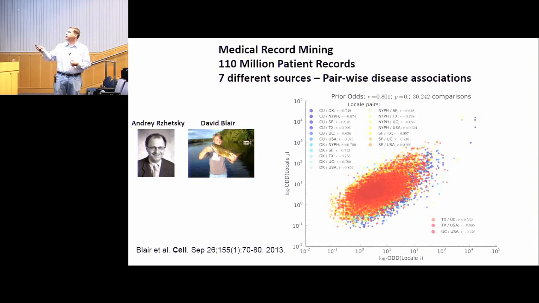And what Andrey did is he asked what are the comorbidities between different ICD-9 code diagnoses for both complex traits and Mendelian traits.